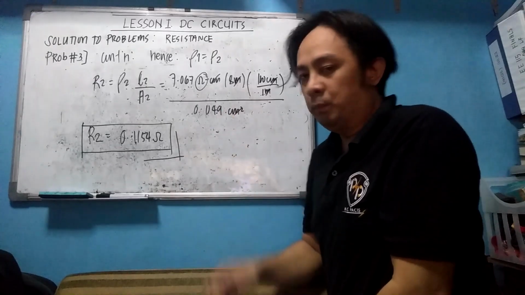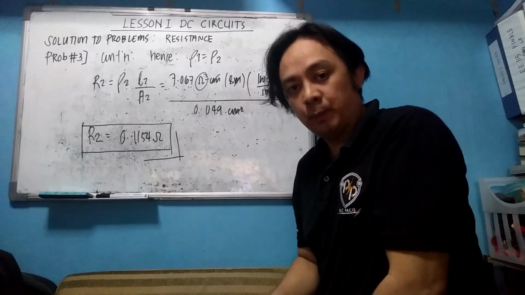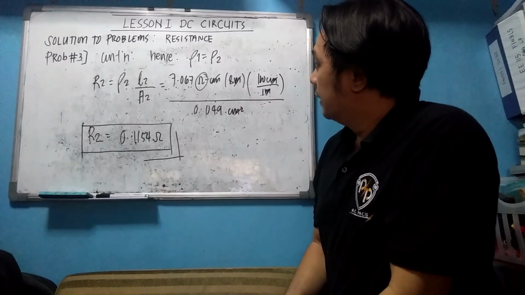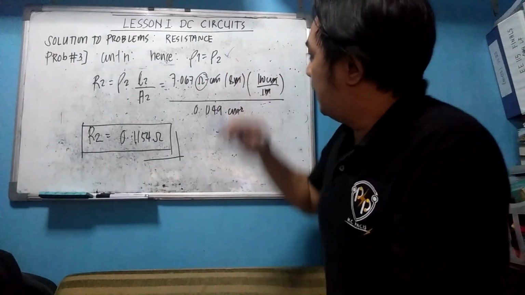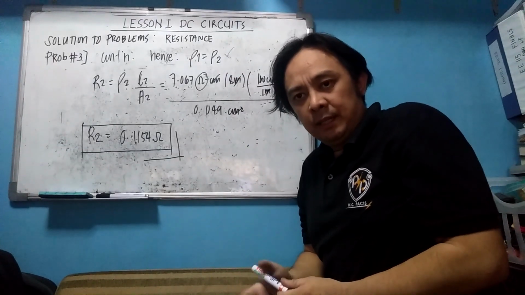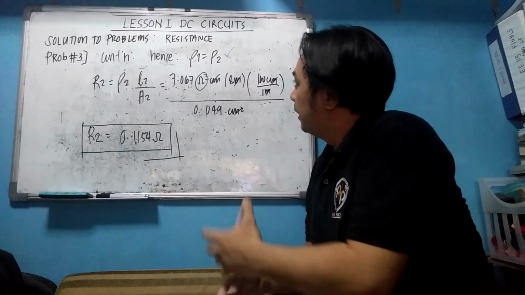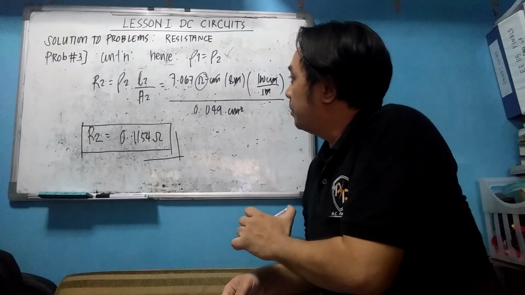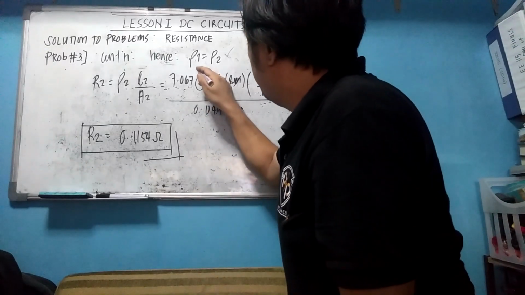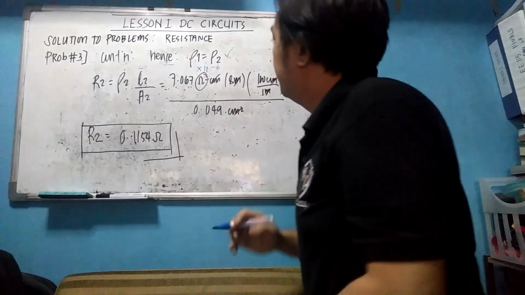Okay, to conclude the last problem, which is problem number 3, we already have the resistivity that is computed from the last slide. So the resistivity is 7.067, I forgot the 10 to the negative 6 here.